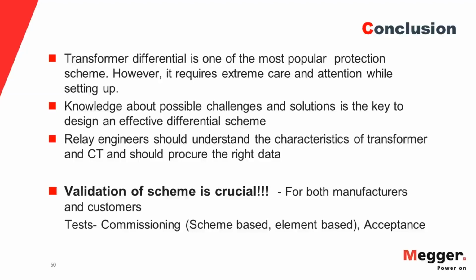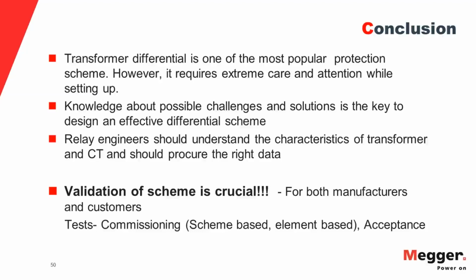So once you have designed the differential scheme, it is of utmost importance that you test it. Some of the tests being done are commissioning tests, where they test either the whole scheme or just the differential element, and also acceptance tests. And this is where Megger comes into the picture.